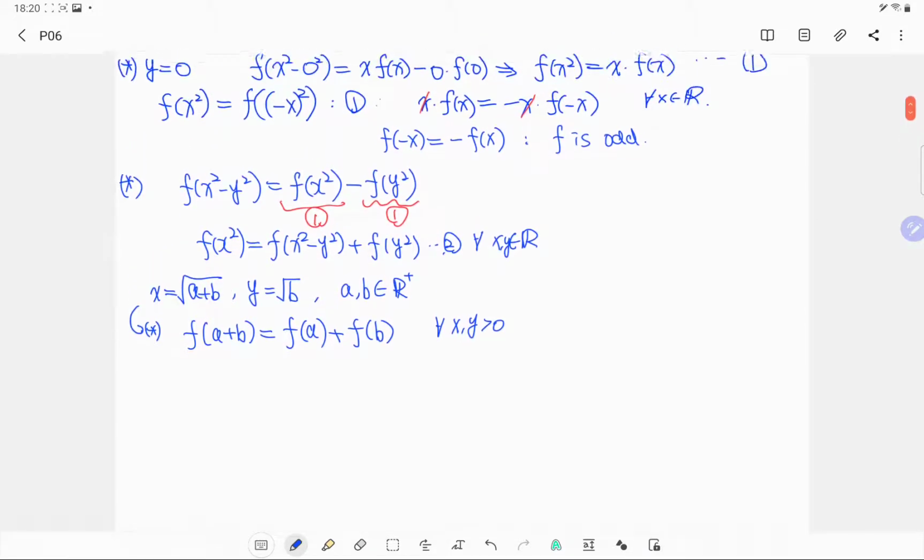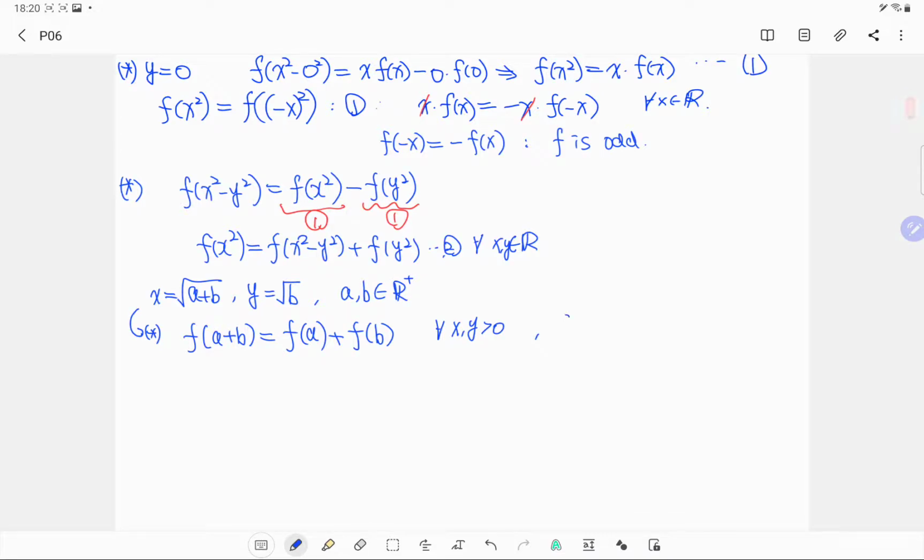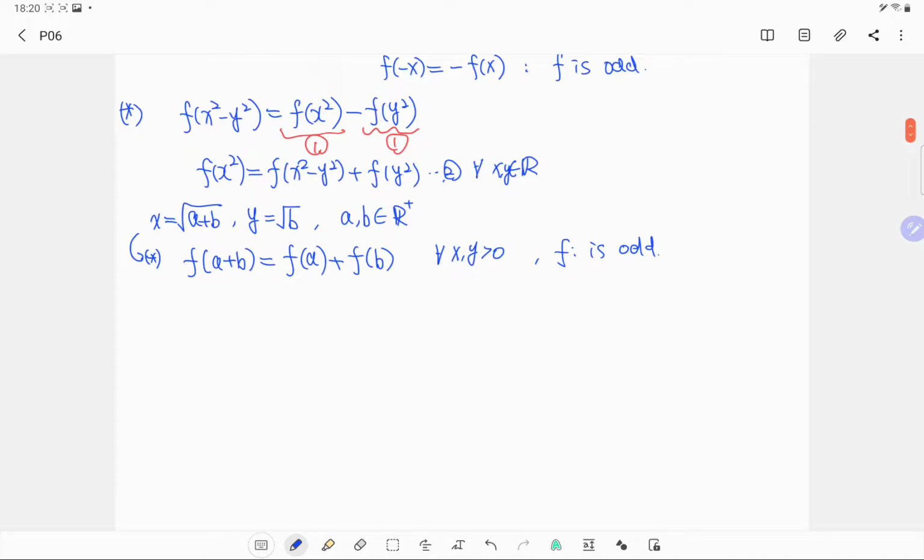But we know that f is odd, which means that f of minus a plus minus b is f of minus a plus b. So we make use of the odd property, so we have minus f of a plus b.